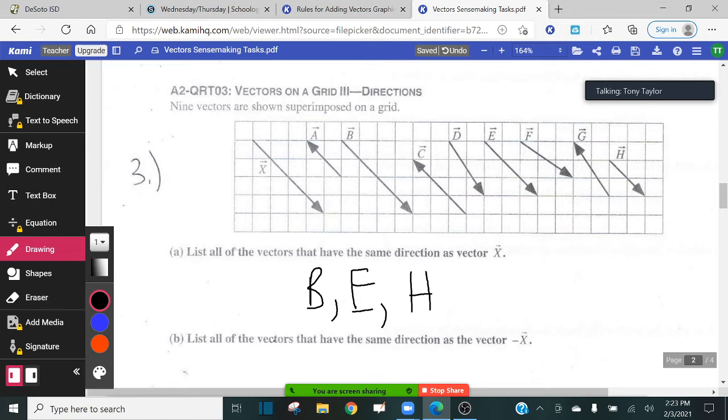And guys, how do we know that? Whenever you're comparing vectors, basically if they have the same slope, they are pointed in the same direction. So, for example, guys, look at this. Look how this vector slopes here.